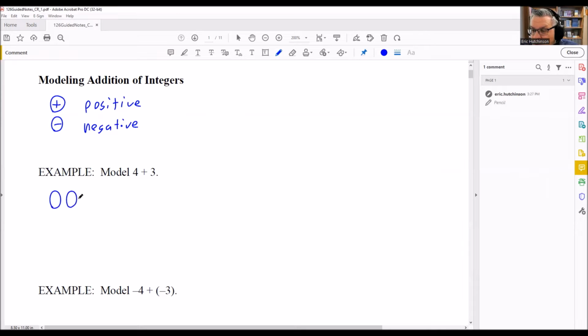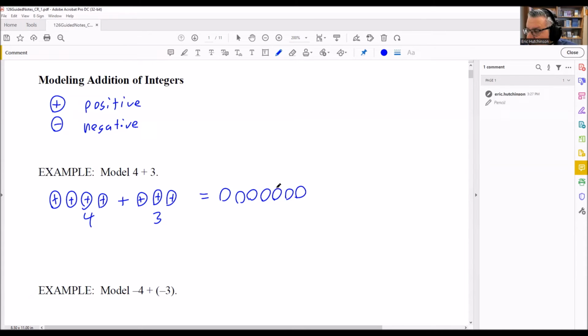Well, to do that, we're going to start with 4 positives, and we're adding 3 positives. So this is the 4, and this is the 3. Now we want to see what this equals. If I put this all together, what we get is 1, 2, 3, 4, 5, 6, and 7.